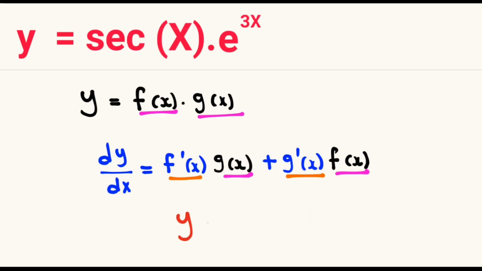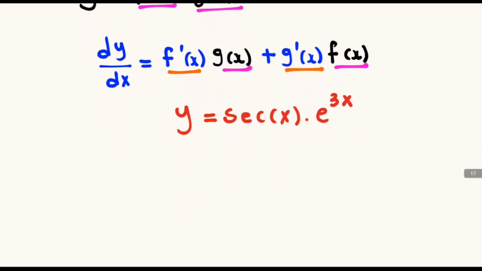In y is equal to the sec of x multiplied by e raised to the power 3x, we are going to let the sec of x be equal to the f of x, and the e raised to the power 3x, we let it be equal to the g of x.